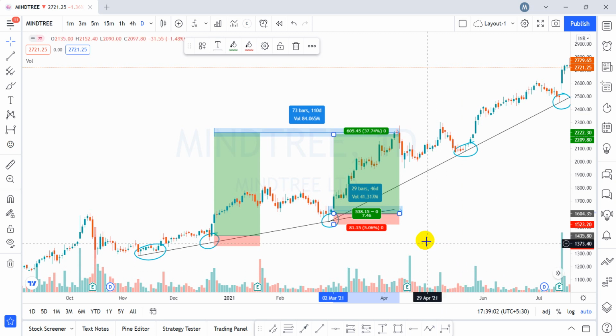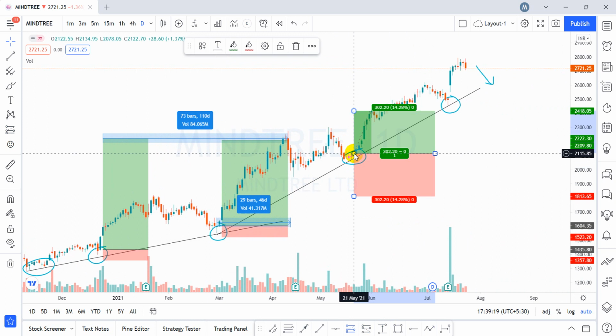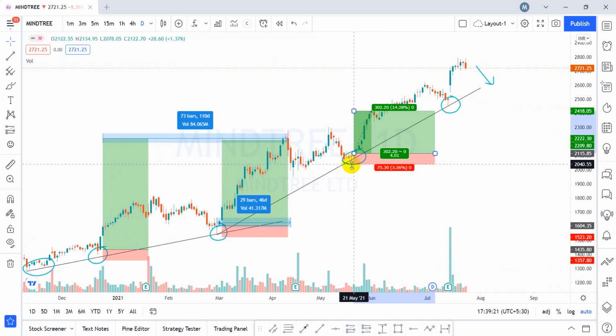All right. So if you see over here, how many trading days? 30 odd trading days, the stock has moved from 1615 odd level to 2200 plus. It's all about identifying the right entry levels and taking our trades at the place where the stock is taking support.